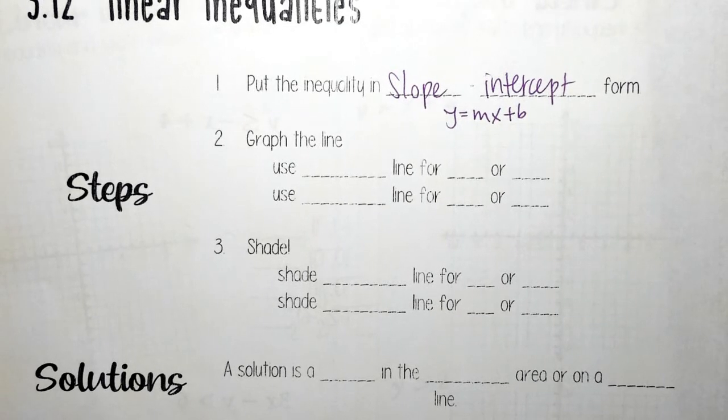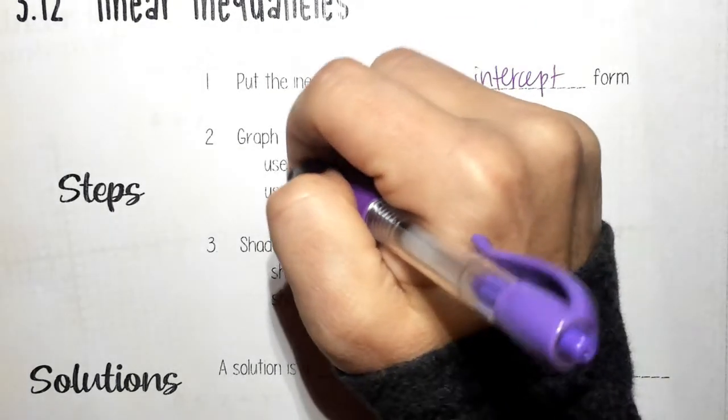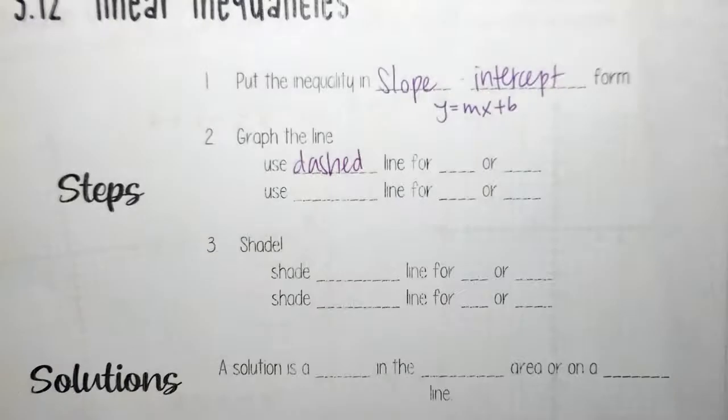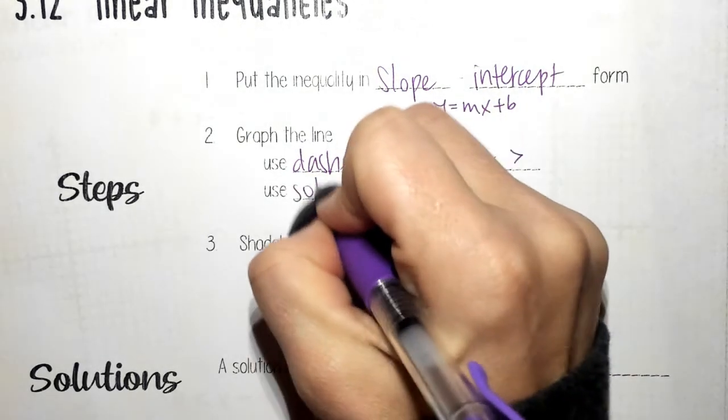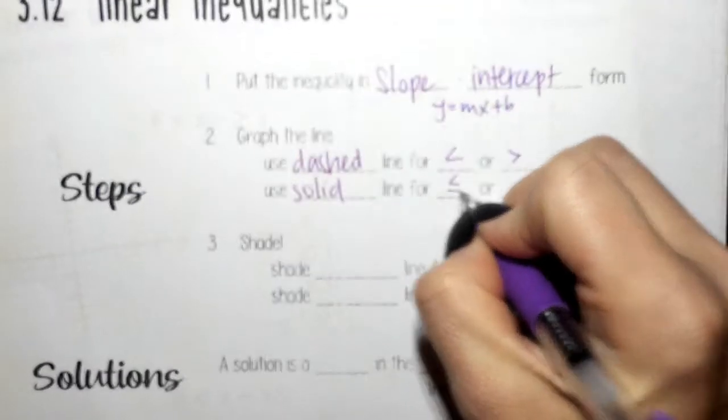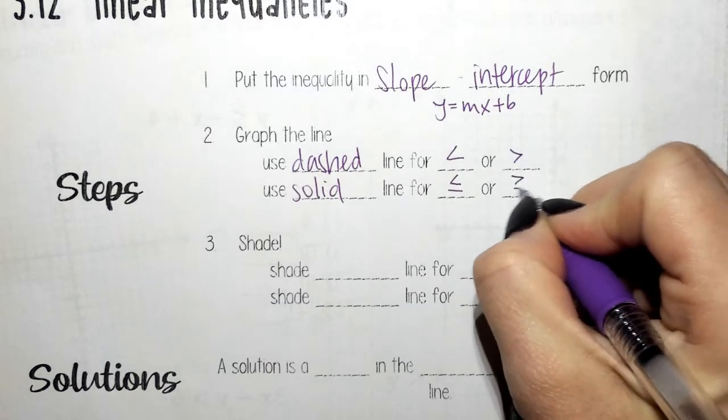And we want to use a dashed line if our symbols are less than or greater than, and we'll use a solid line for less than or equal to or greater than or equal to.